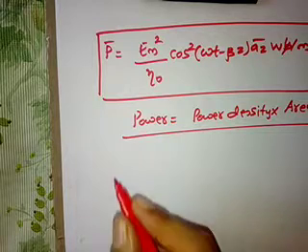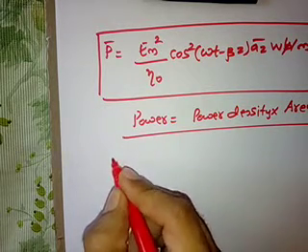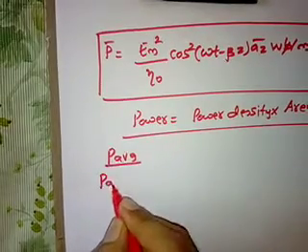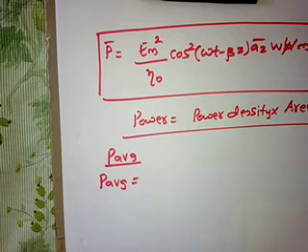So average power density P average is given by: to find the average power density, we have to integrate power density in z direction over one cycle and divide by the period T, right?